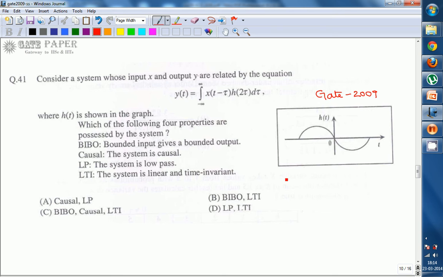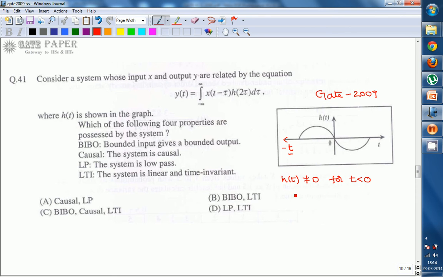Here we can observe that the given h of t in the figure is not equal to 0 for t less than 0. We can observe that for negative t values, we have some h of t value, so h of t is not equal to 0 for t less than 0.